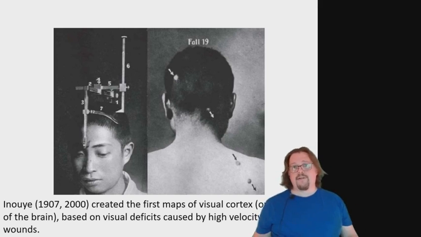And if these injuries affected the back of the brain, the occipital lobe, the patient would very often be left with regions of blindness, parts of the visual field that they could no longer see. And Inouye and later other scientists began to analyse the relationship between the parts of the brain that had been damaged and the regions of the visual field that had been affected.